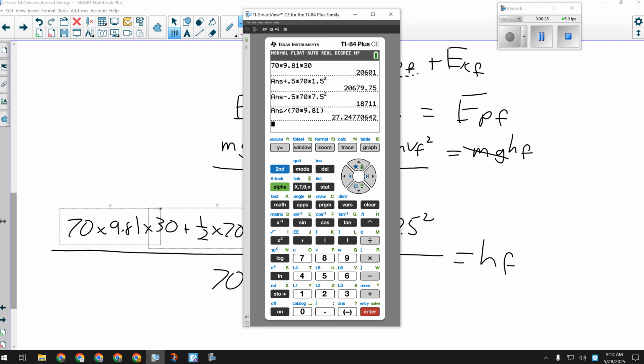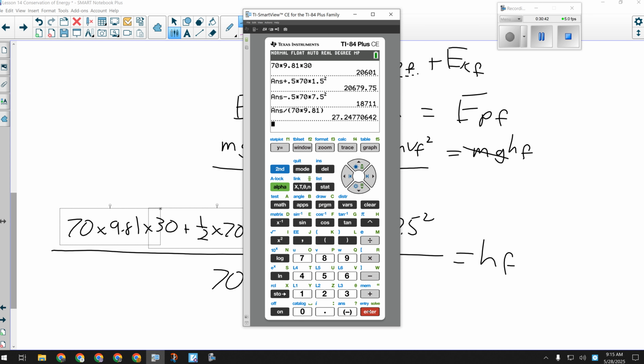So it hasn't gone very far down the hill, has it? It started at a height of 30 meters, and now it's at a height of 27 meters and a little bit, 27.25 meters. So it's gone 2.5 vertical meters down the hill.